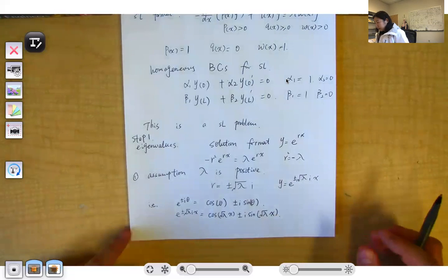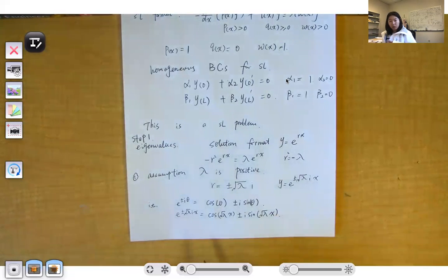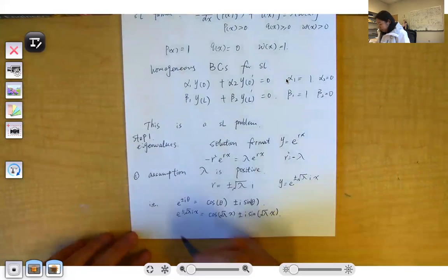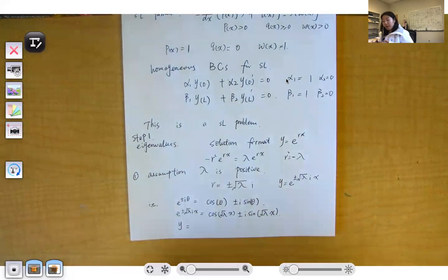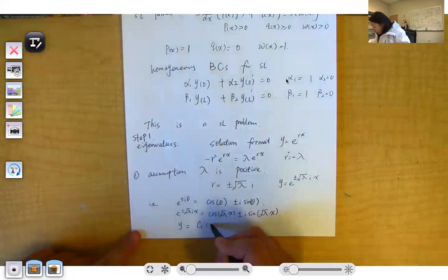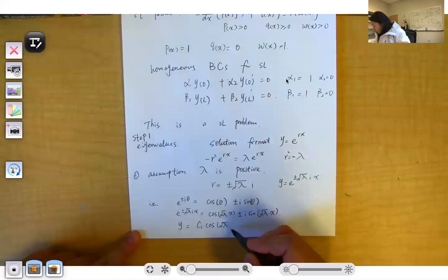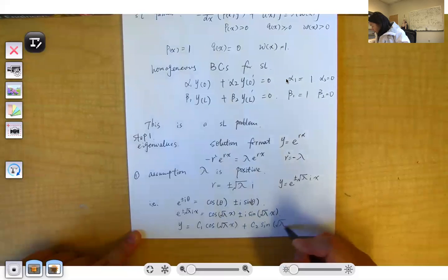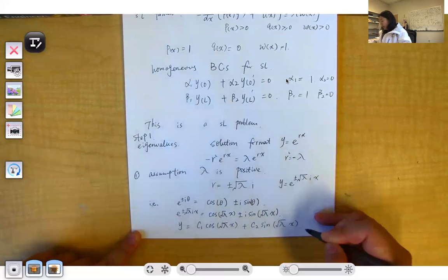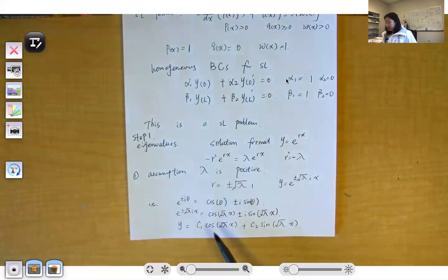And if we write our final solution of this homogeneous ODE, it will look like y, a combination of linear independent solutions, which are the cosine part and the sine part. So it will be C1 cosine root of lambda x plus C2 sine root of lambda x. Okay, then you can basically use your boundary conditions to help you find out what your C1 is and what your C2 is.